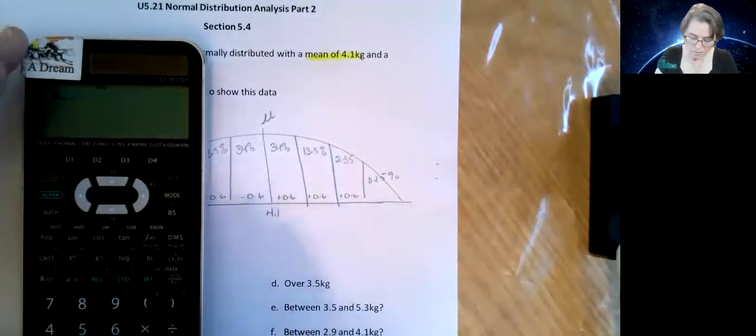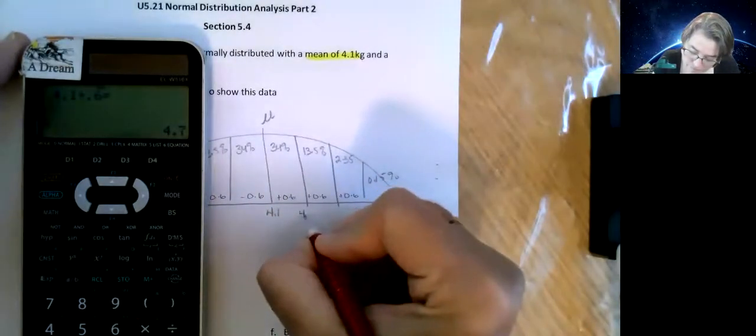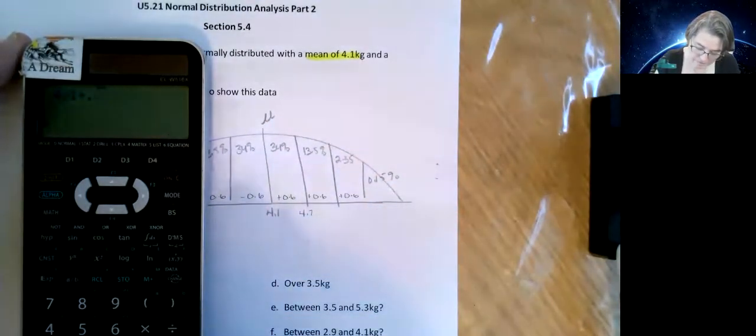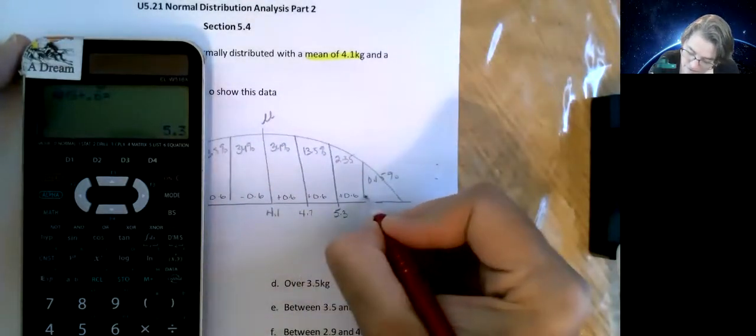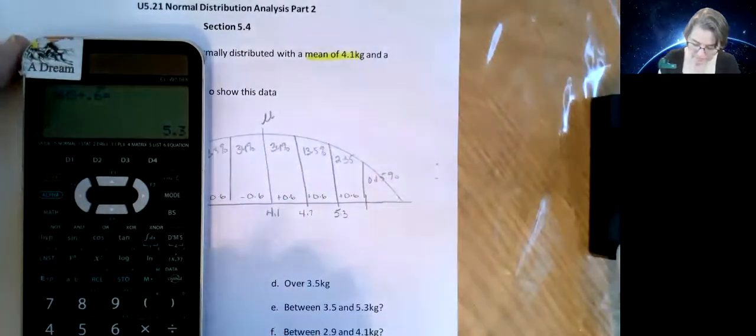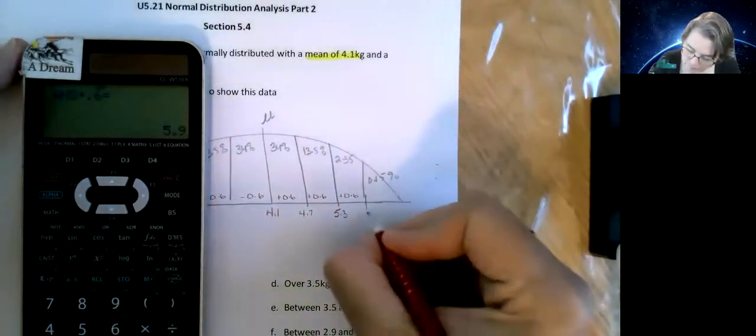Four point one plus 0.6, that'd be like 4.7. 5.3. 5.9.